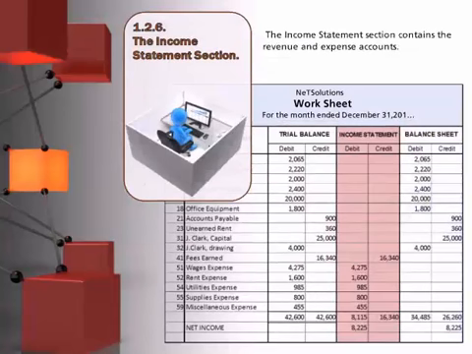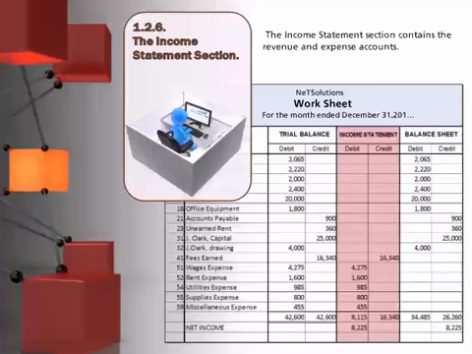The next step in completing the worksheet is to extend the appropriate account balances to the income statement section. The income statement section contains the revenue and expense accounts. After transferring the asset, liability, and owner's equity account balances to the balance sheet section, extend the revenue and expense account balances to the income statement section.